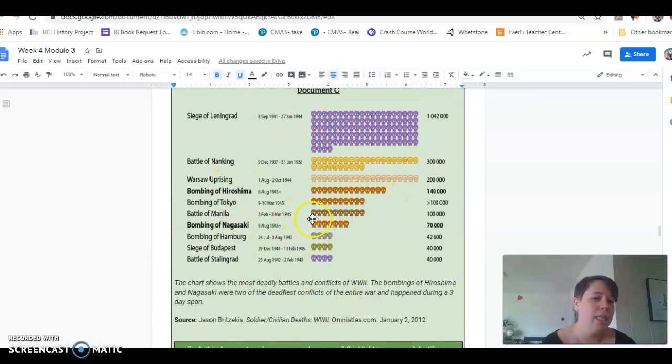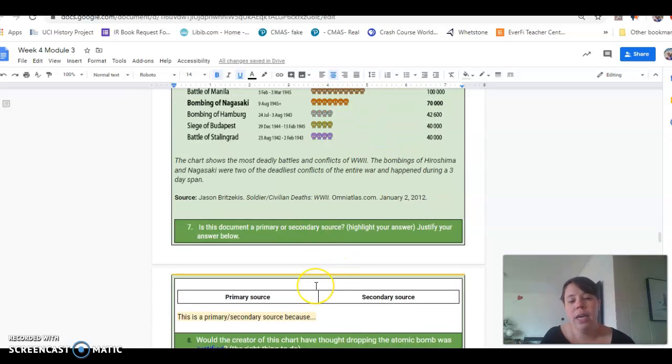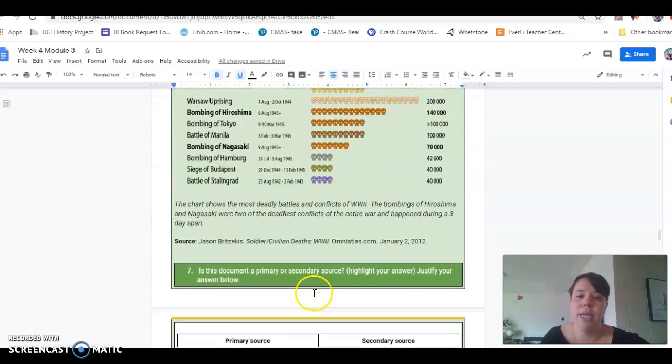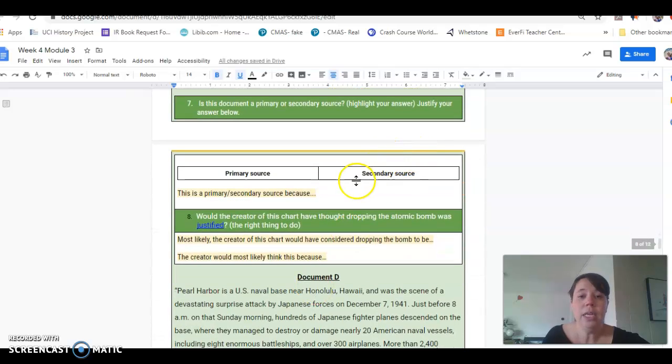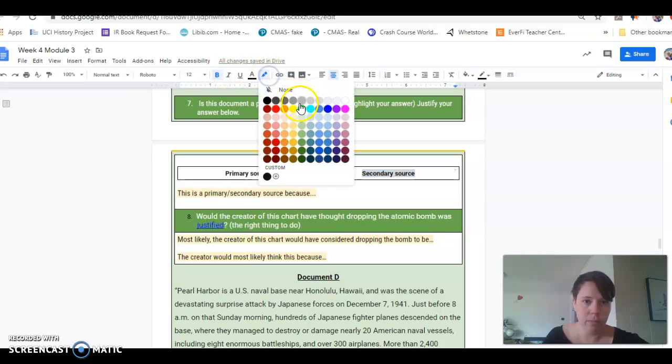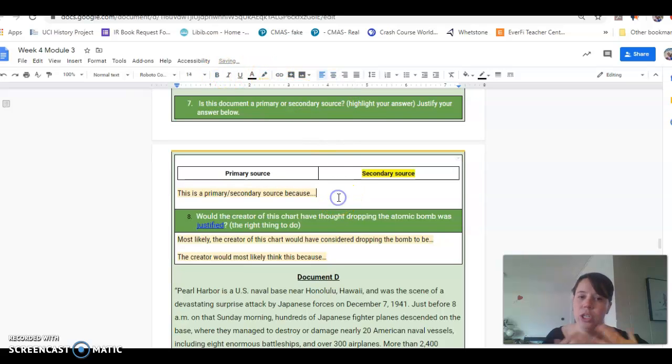I don't think they were making silly little skull pictures in 1945 to represent the number of people that were killed during that time. So just looking at that evidence, I know that this is going to be a secondary source. So I'm going to highlight secondary. And I'm going to justify it.